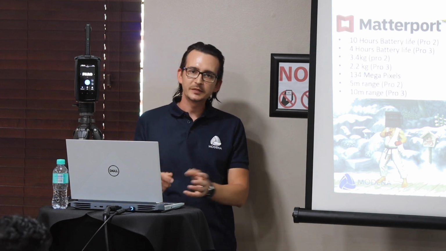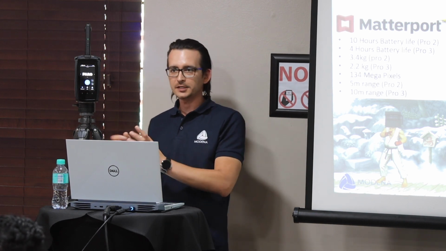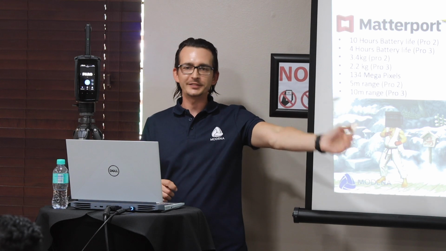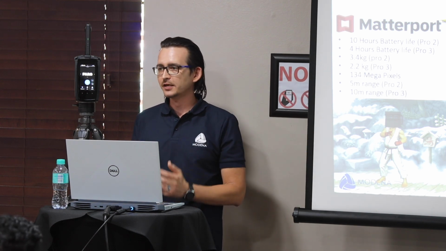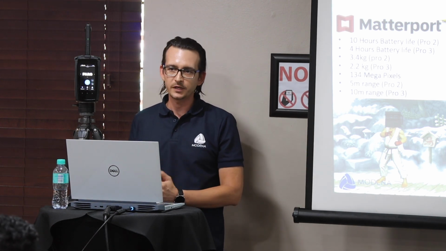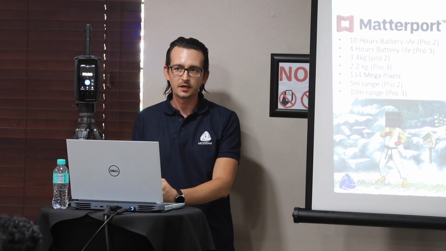That range doesn't mean that I can scan at this spot and then 350 meters along do another scan. I still need that overlap between scans, so we don't normally exceed 10 meters between scan locations.